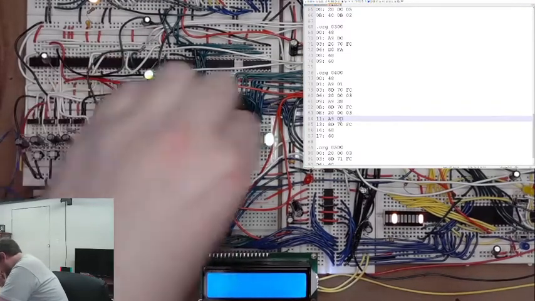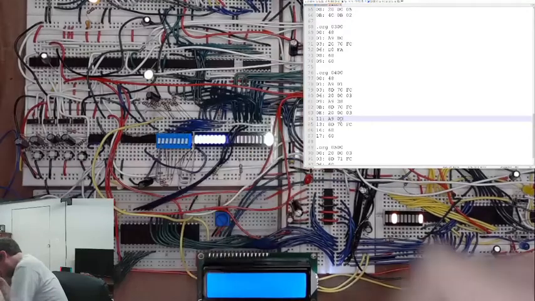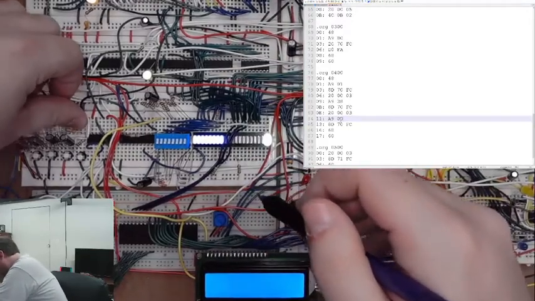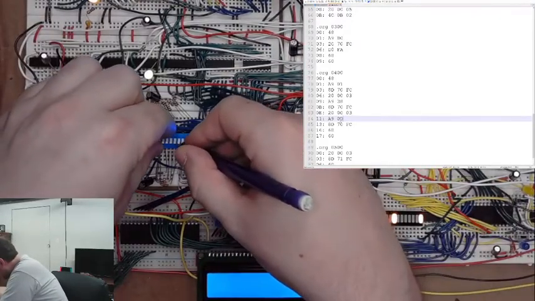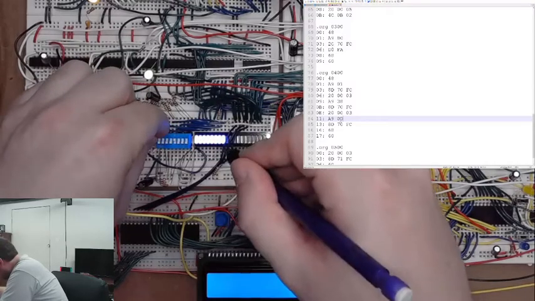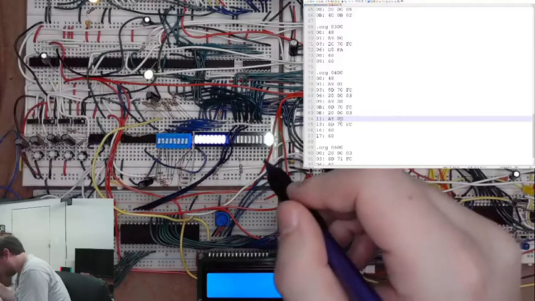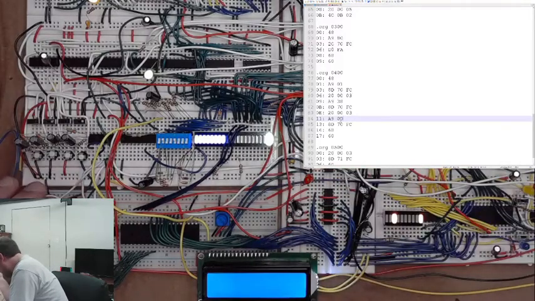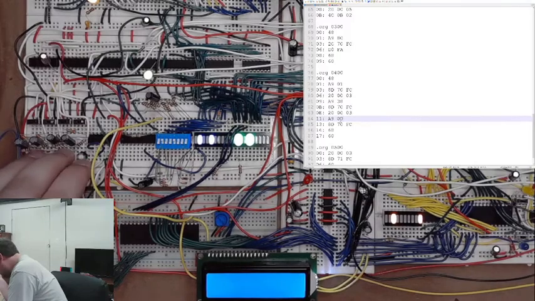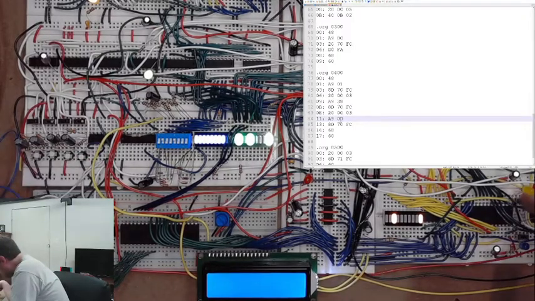Four. Get it right. Okay. Now we gotta load 1, 2 in. Yeah, this is when things take a long time, when you gotta actually jump somewhere. Okay. And then we got everything off, right? Looks like it. Then we can re-enable this.